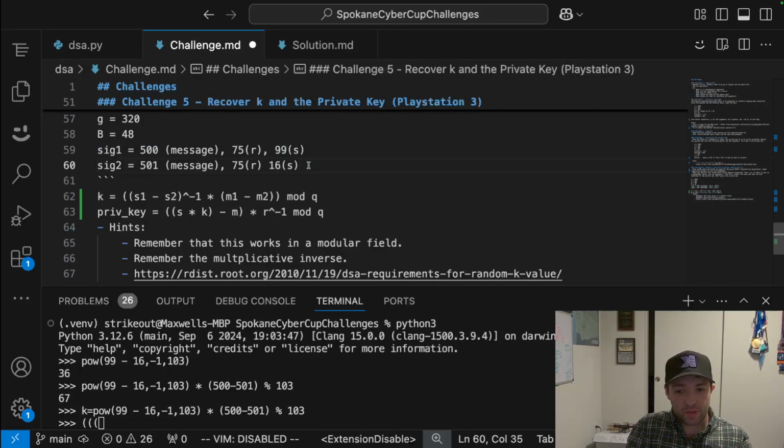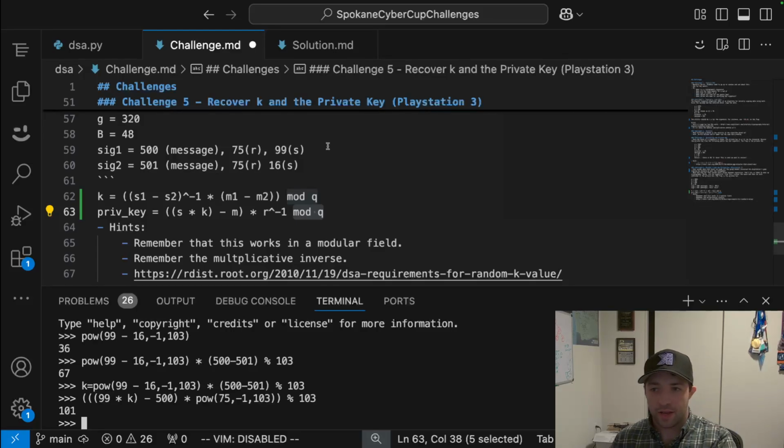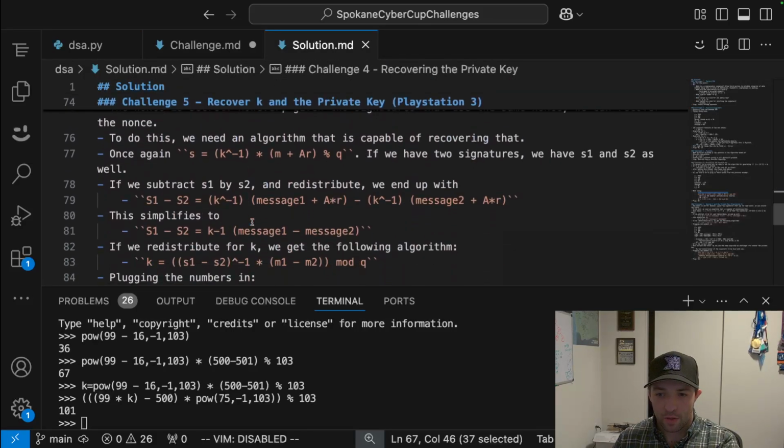We needed 2 signatures to recover K. So I'm going to do S, so 99, times K, which we recovered, so I'm just going to use that variable, minus M, which is going to be 500, and then times the multiplicative inverse of R. And R is 75, to the minus 1, and again 103, because that is the Q value that we are going to be using here. And then wrap that, and then mod 103. So I believe the flag is 101, and if I recall, that is the right answer.